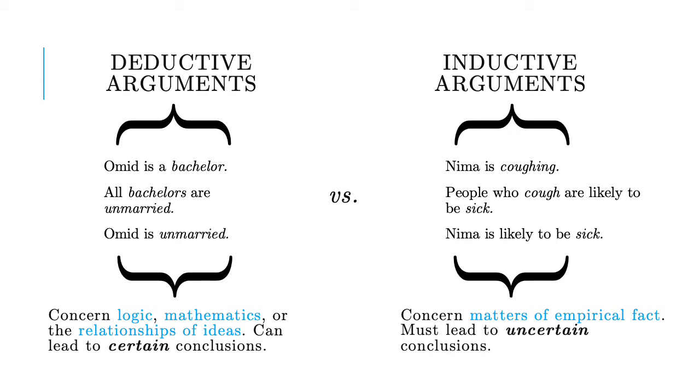And in the latter, we have that matters of empirical fact are what inductive arguments apply to. Importantly, in the deductive case, these can, when done appropriately, right, lead to certain conclusions, whereas in the inductive case, they necessarily lead to uncertain conclusions, conclusions such that more evidence, right, can indicate to us that we were wrong.